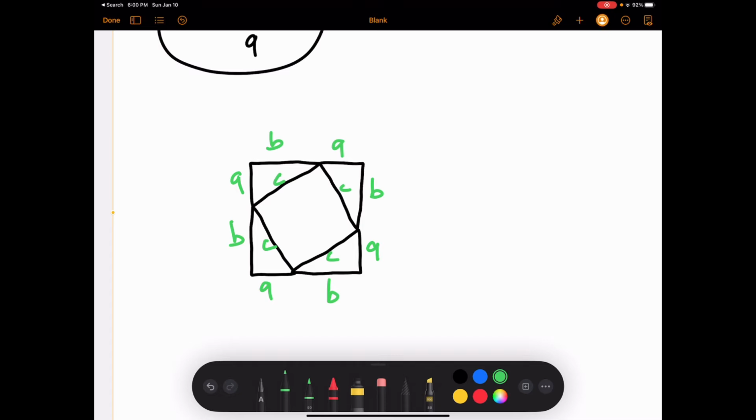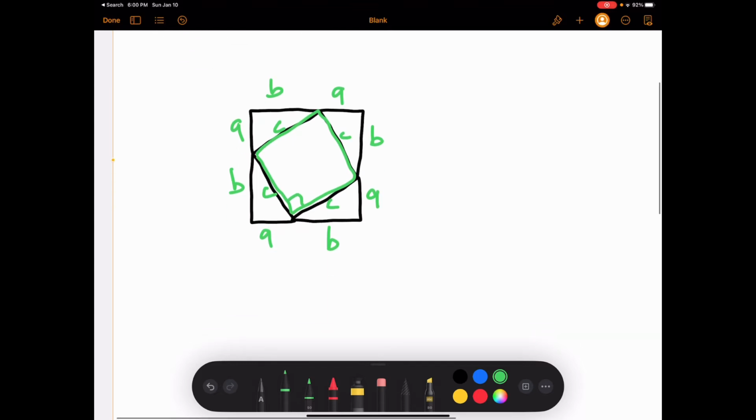And not only that, but our inside is 4 side lengths that are all length c. And how do we find the area of a square or a rectangle or a shape that has 4 side lengths that are all length c? Well, this is just going to be a square inside itself. So this inner square is going to be c squared.